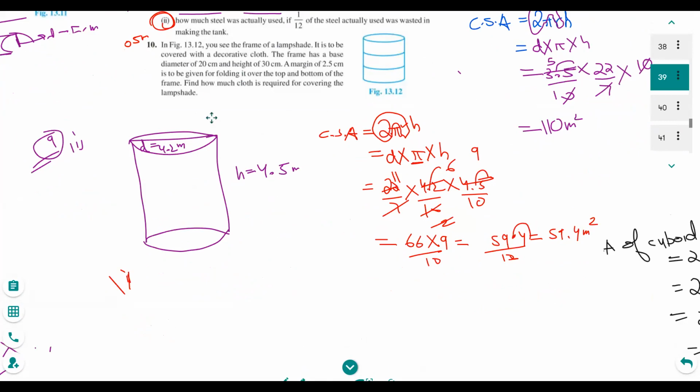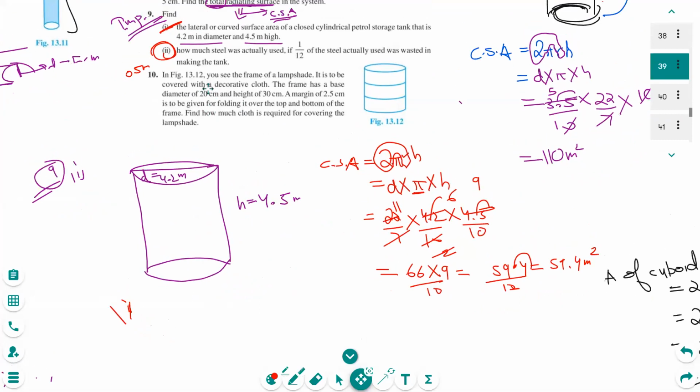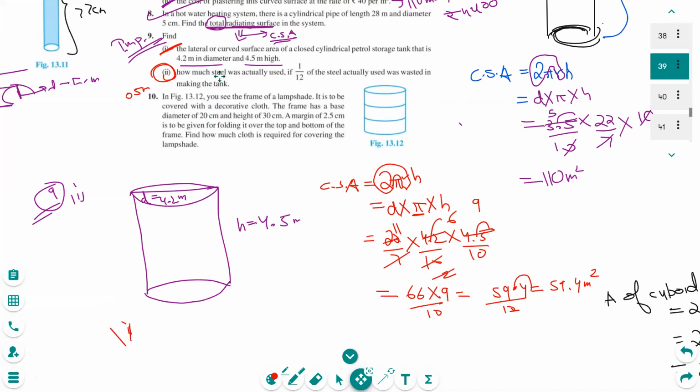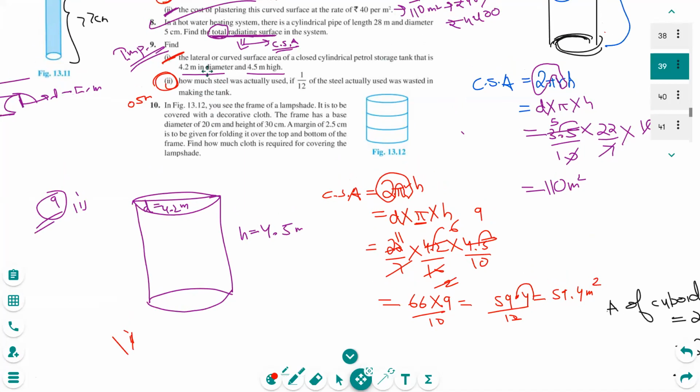If you tell me what you understand, I can correct whatever you get wrong and then you will never get it wrong again. But if I just put it out, you will surely make some mistake in the future. So just try to tell me what you understand. Something must be coming to mind. How much steel was actually used, given that 1/12 part of the steel was wasted in making the tank, so how much was used to make it?